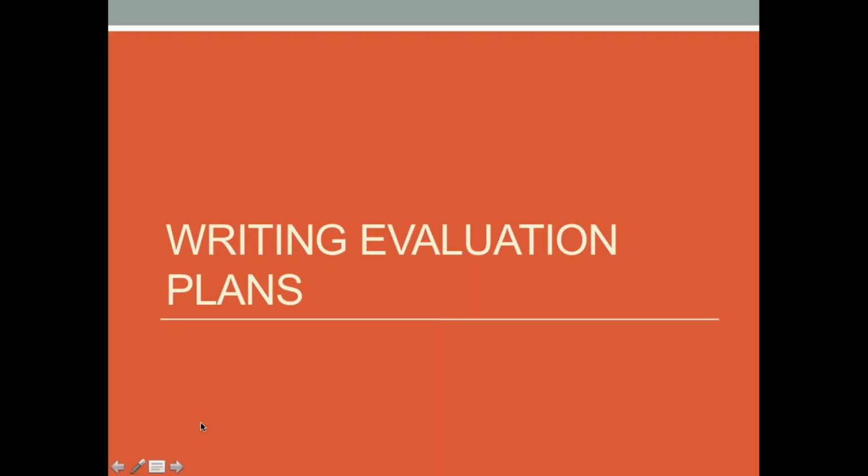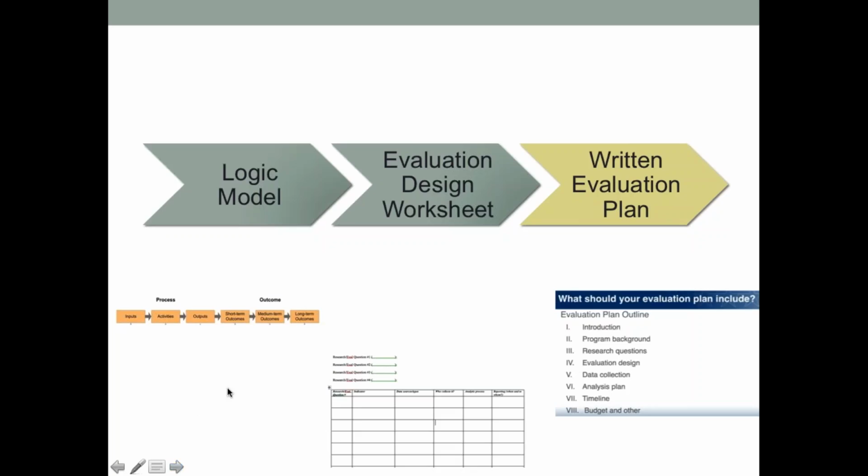Okay, so now writing an evaluation plan. We talked about, obviously, the logic model. We talked about how you go through the process of designing the evaluation, and then how you reflect that design in a plan. The plan is CNCS speak for that section of the application where you describe your evaluation design.